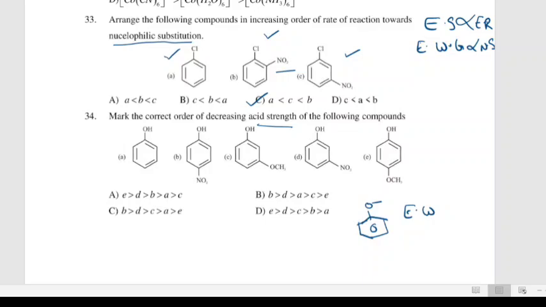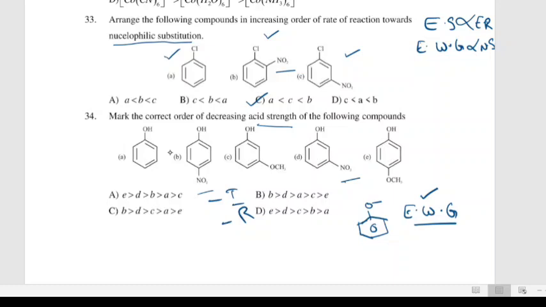So those substituted phenols which have electron withdrawing groups are more acidic when compared with the others. If we consider the electron withdrawing nature, definitely NO2 has more electron withdrawing nature. So NO2 here, and here also NO2 is there. In fact, this NO2 can exhibit both minus I effect as well as minus R effect, which are favorable for the acidic strength. That is the reason why B is more acidic than D.